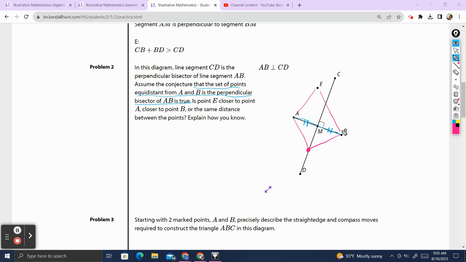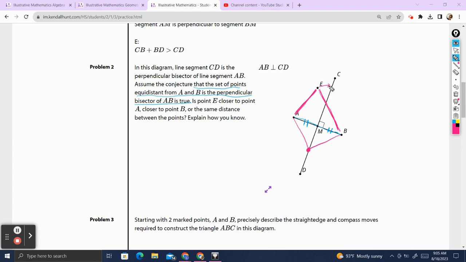How do I know? Well, in geometry language, it's kind of hard to know the answer to that question. But I do know the slope to get from E to A is much steeper than the slope to get from E to B, which means that it is quicker to get from E to A than E to B. So it is closer to A than to B. In order to get E to be the same distance, I would have to shift E over to right about that line, actually.